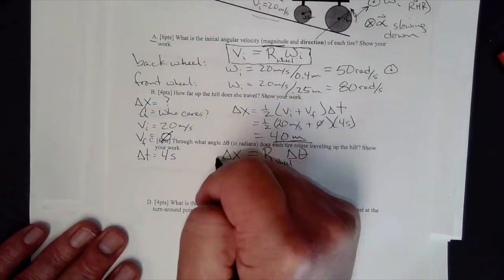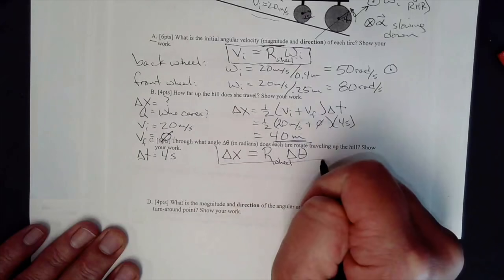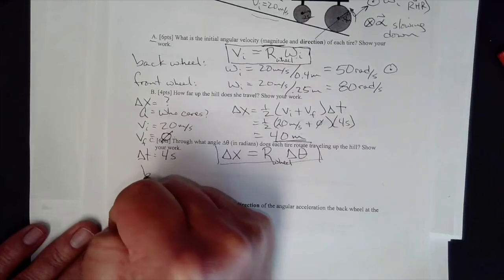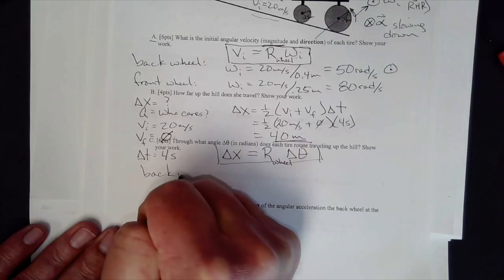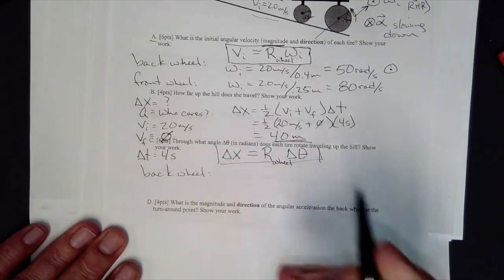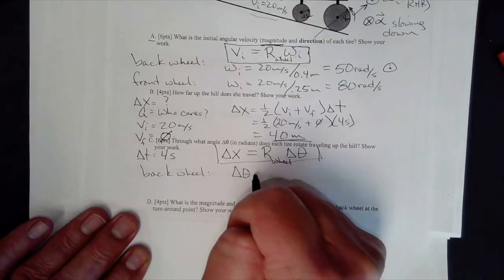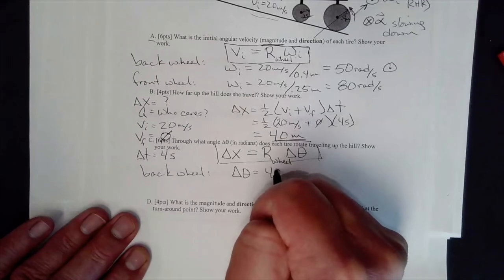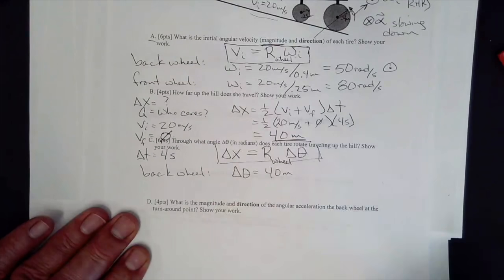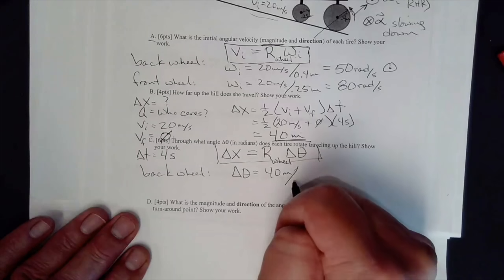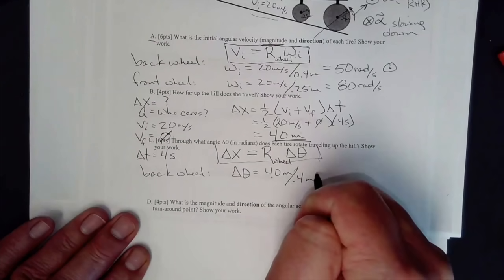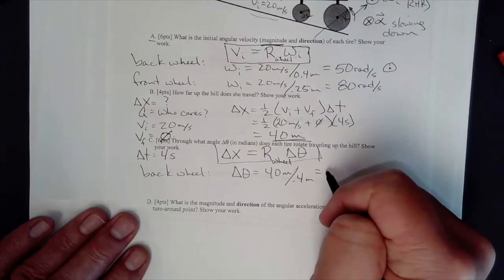So if I use that rolling condition on the back wheel, I would have delta theta is equal to 40 meters, that's how far you traveled up the hill, divided by 0.4 meters. And that's going to give me 100.